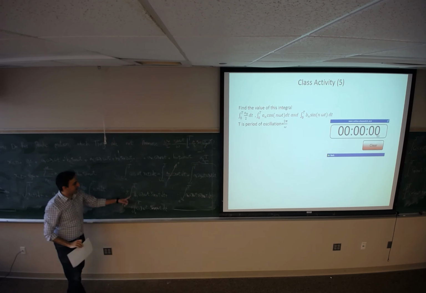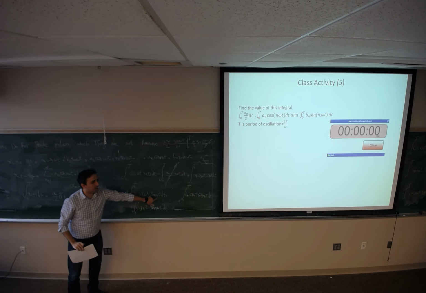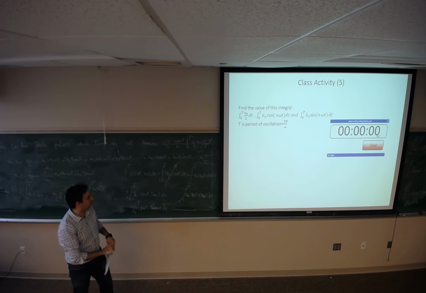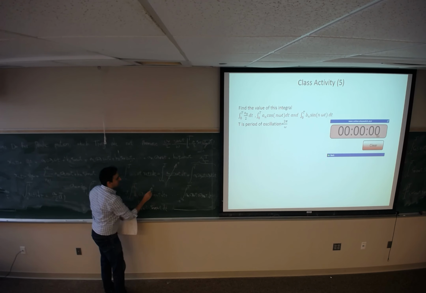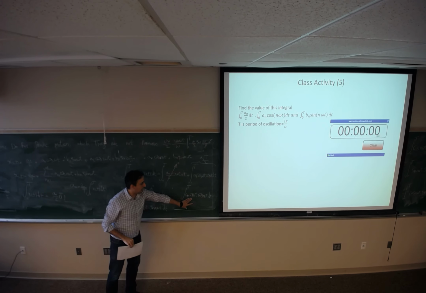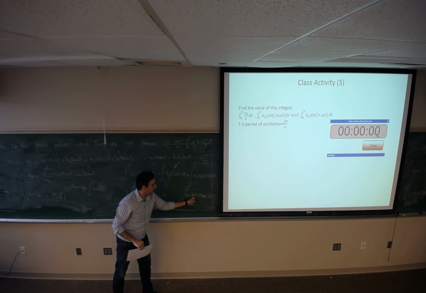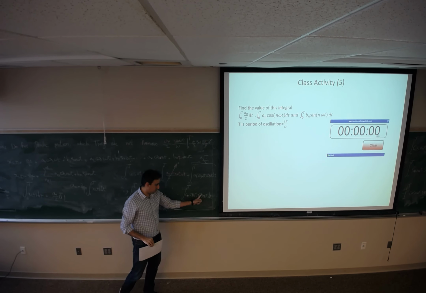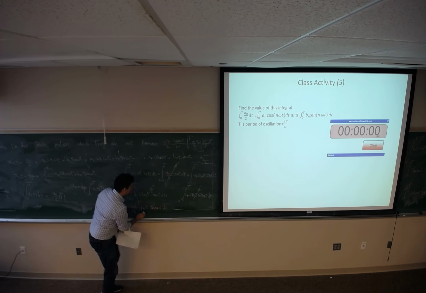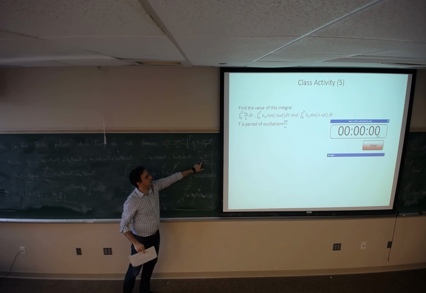But the rest, cosine of 1 omega t times sine of omega t, the third one, cosine of n omega t sine of m omega t, no matter what n and m are, it's going to be 0. For an cosine of omega t cosine of n omega t, here n is 1 and m is n, so 1 is not equal to m, it's going to be 0. So all terms would be 0 except this one.